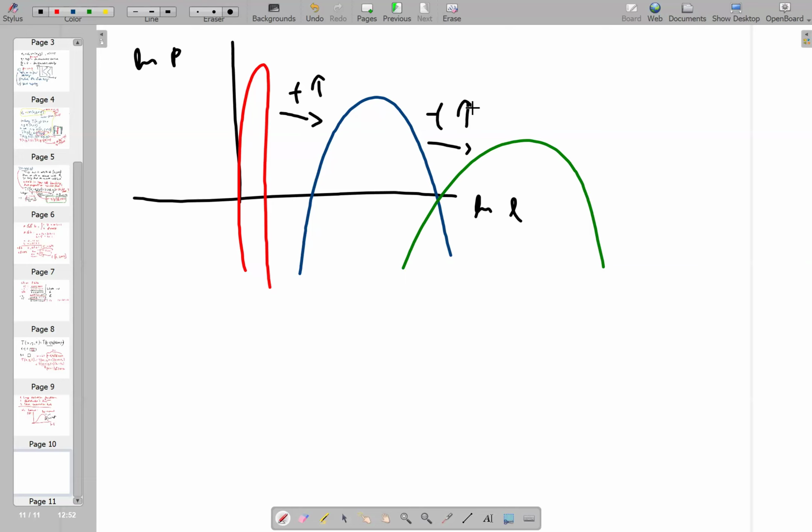So now I need a so-called data collapse.